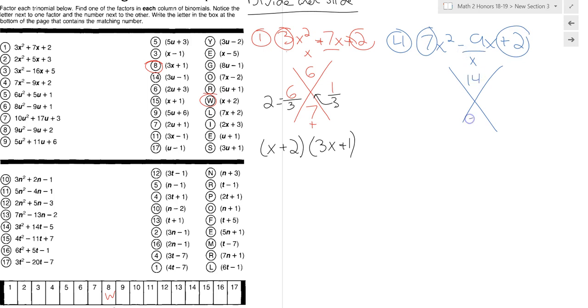We want to get to negative 9. So 7 and 2 multiply to 14, but I want to add to negative 9, so they both have to be negative. Now we need to divide by this number, right? This one simplifies. Negative 7 divided by 7 is negative 1. Negative 2/7 does not, so it's going to slide out in front. So we have x minus 1, then 7x minus 2.